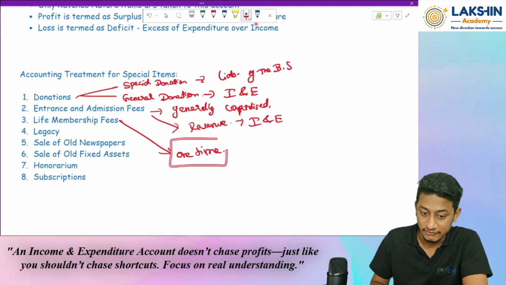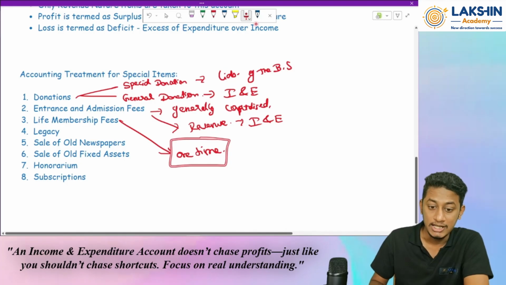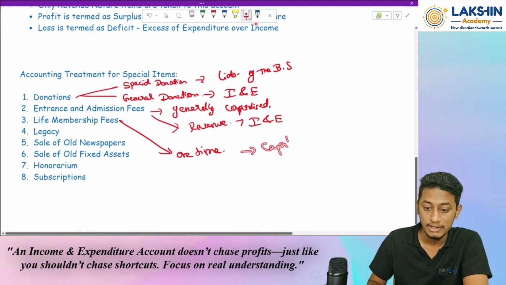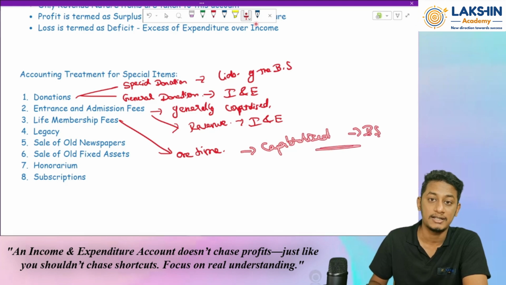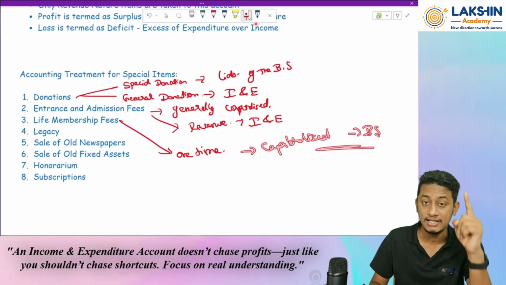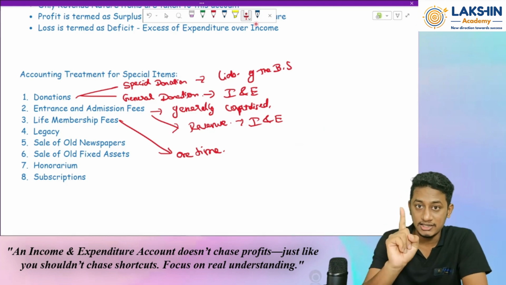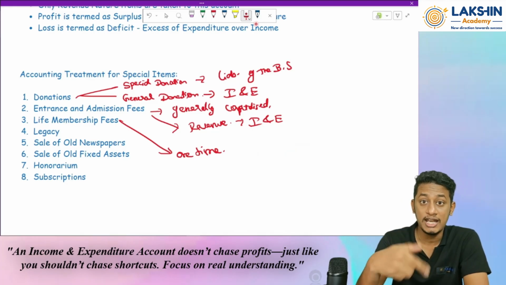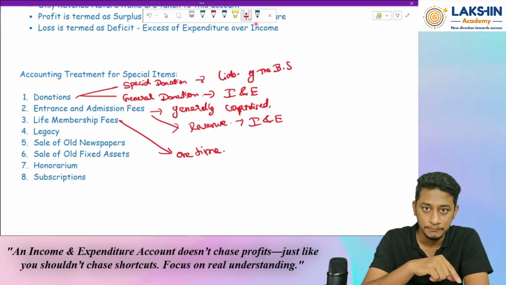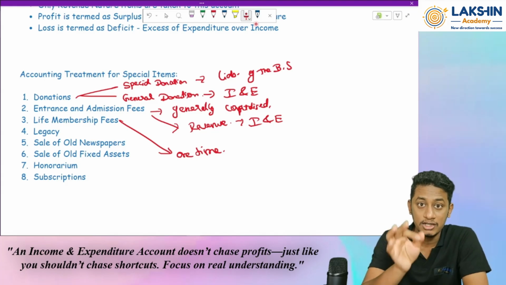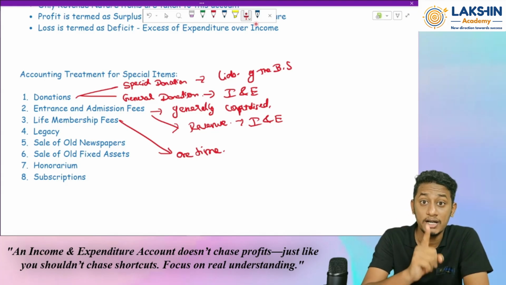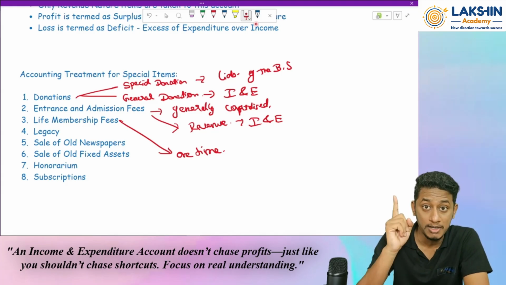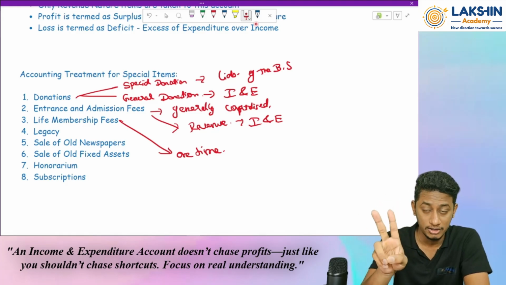So since this is a one-time fee received from a person, this will also be capitalized in the balance sheet, because we have studied the chapter on revenue and capital. Whenever we are receiving any money on a recurring basis, that will be a revenue income, whereas if I am receiving something on a one-time basis, it will be a capital item. Remember what was taught to you for classifying revenue or capital.